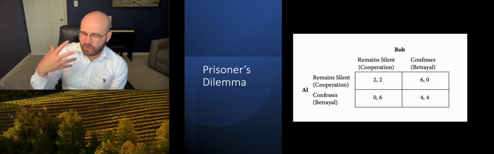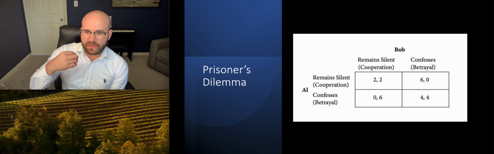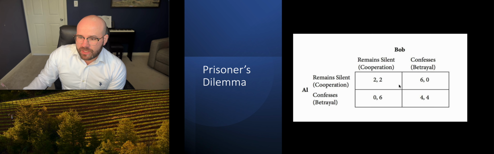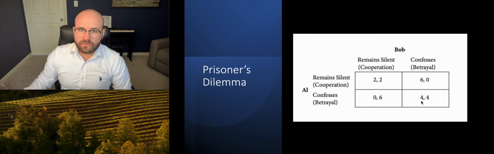If the rational thing is for Bob and Al to want to spend the least amount of time in jail, the question is, what should Bob or Al do? The best thing for both surely would be to remain silent, because they only spend 2 years in jail and then they're free. The worst thing is if they both confess. They both end up spending collectively 8 years in jail.